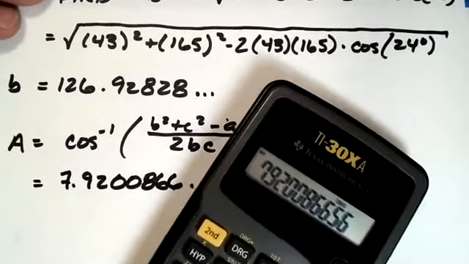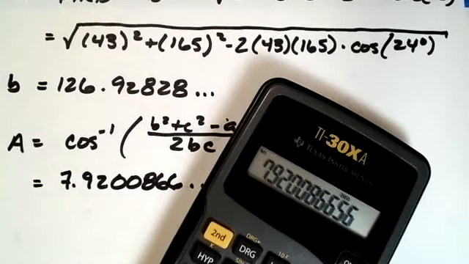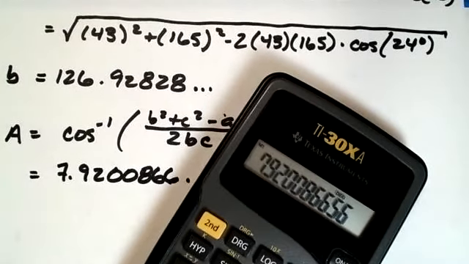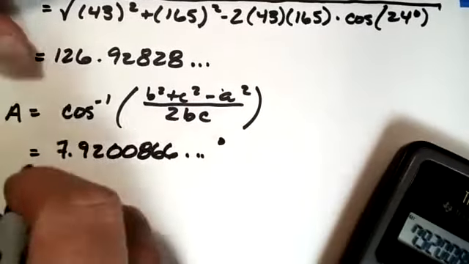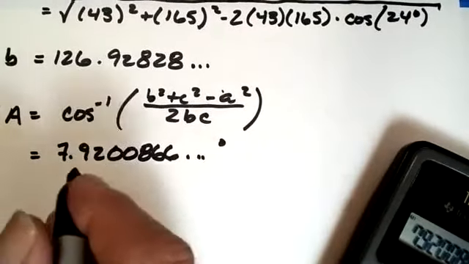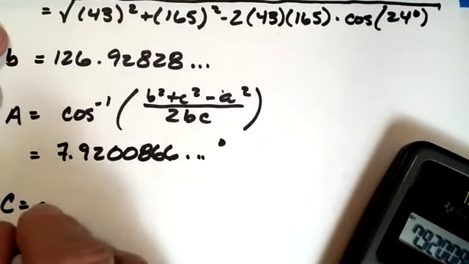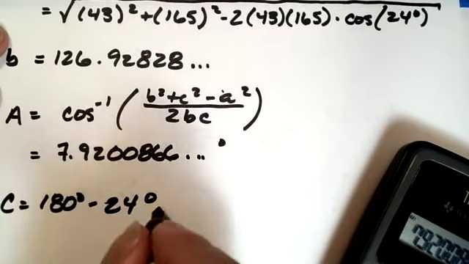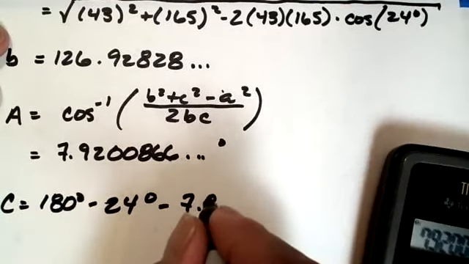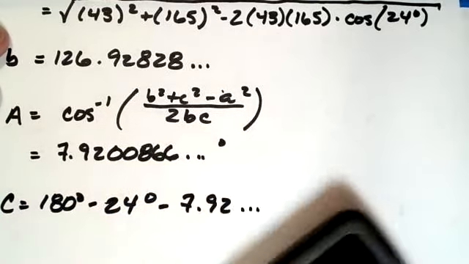Now at this point, I could just use the fact that triangles add up to 180 degrees, and so I could add it up that way. But rather than taking that shortcut, let me just do that quickly as an aside. If I wanted to find angle C, C is going to be equal to 180 minus 24 minus this 7.92 yada, yada, yada.